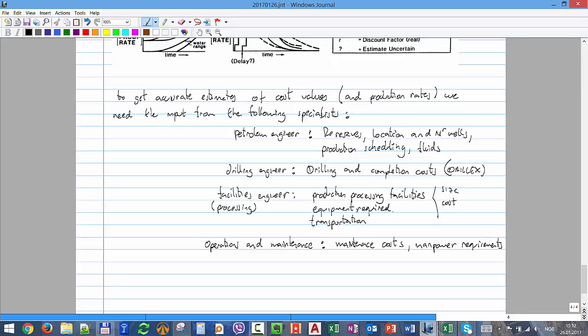Then we have one that is the offshore engineer. Okay, that will take care of the offshore structure and layout of the system.